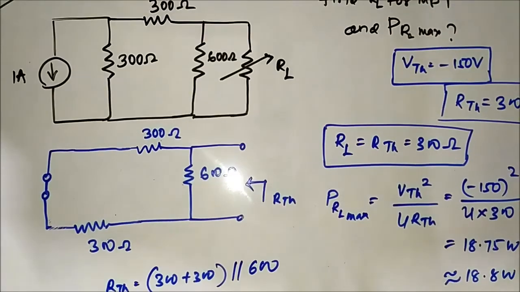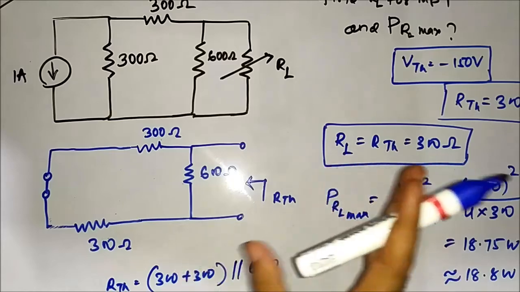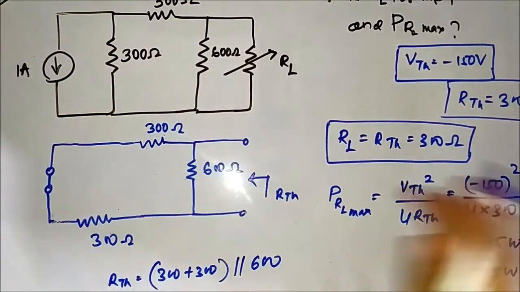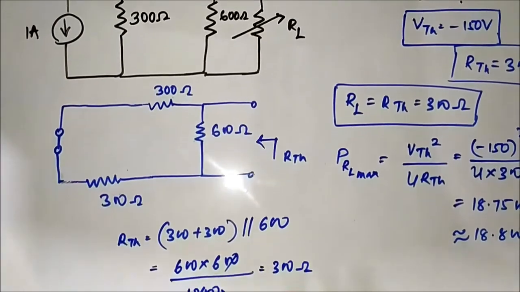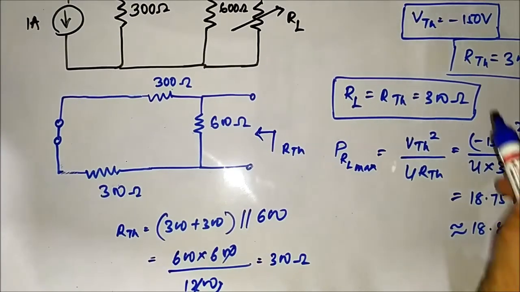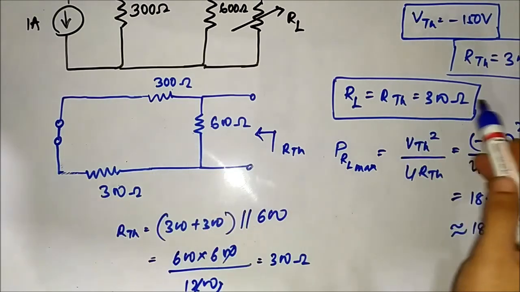So here all we did was to find the VTH and RTH. So we applied source transformation first, converted this whole current source into voltage source, then applied voltage division rule to find VTH is equal to minus 150 volt. Then we found RTH.